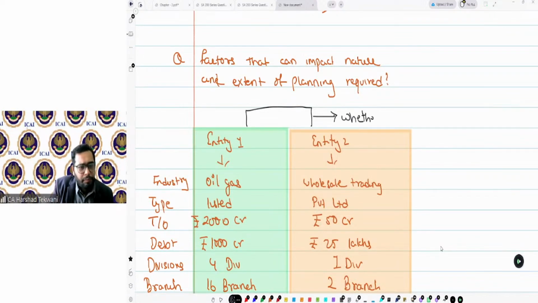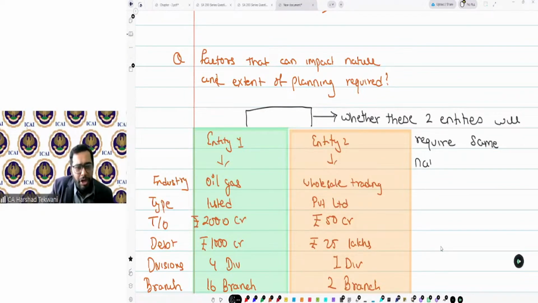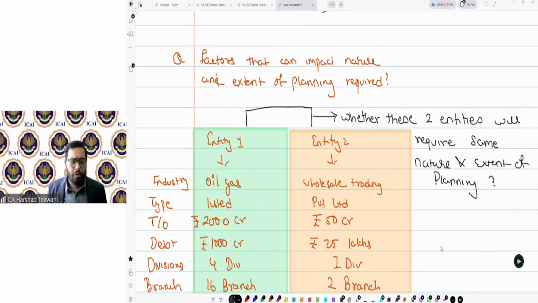Whether these 2 entities will require the same nature and extent of planning?